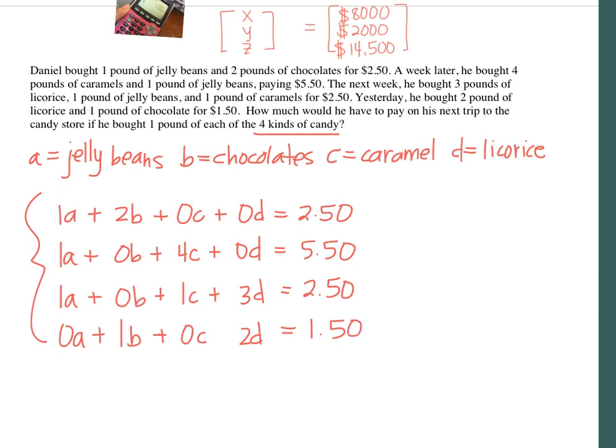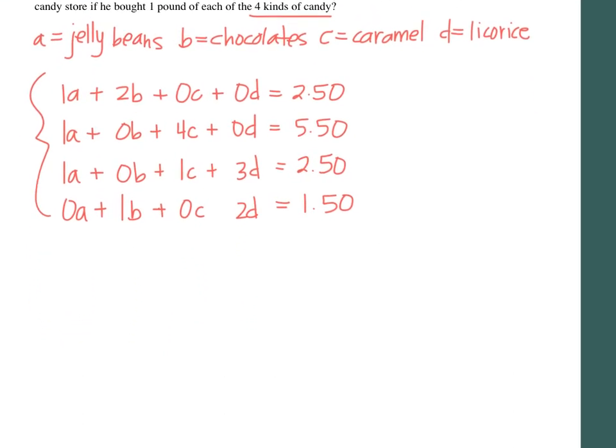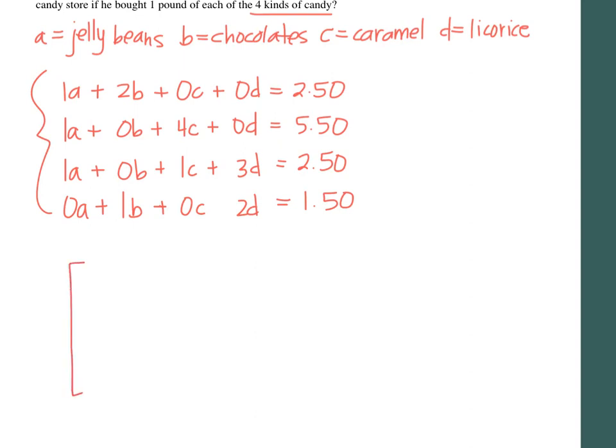Okay, now our system is set up. Now this is going to be a 4x4 system, and so I just have to make sure I keep everything in order. The coefficients for each of the variables.